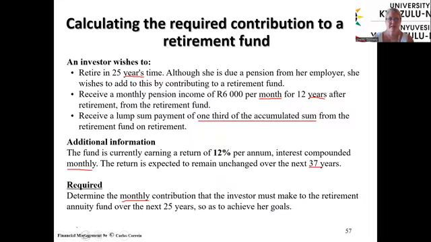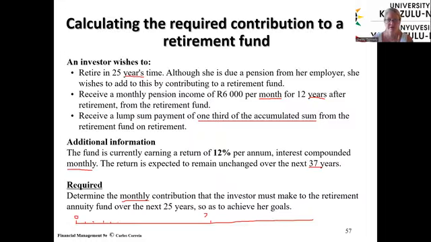Now, this is a classic example of when you need a timeline. Okay, so she's sitting here now in time period 0. She's going to start by making monthly contributions towards her retirement fund. Obviously, I can't fit them all in, but she's going to do that for 25 years or 25 times 12 months.